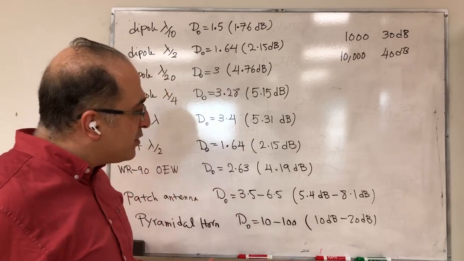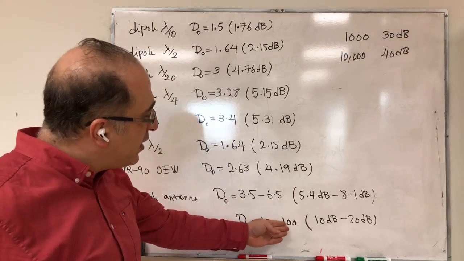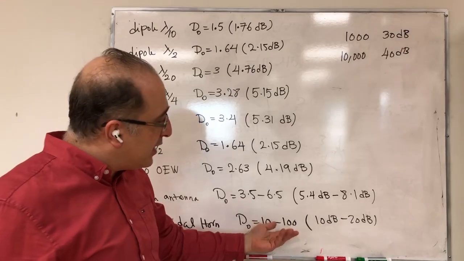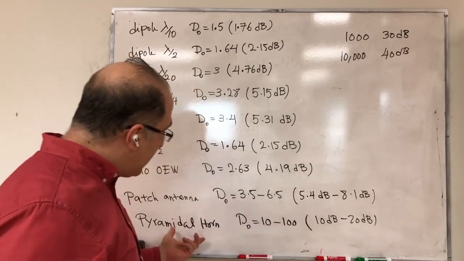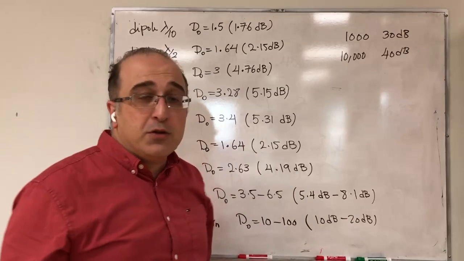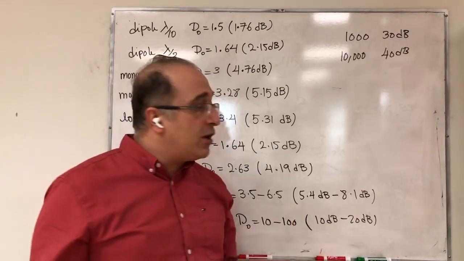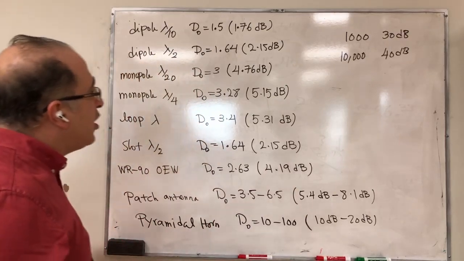But the basic approximation was that if you want to go from 100 to 10,000, then perhaps you're looking at around 100 antennas to take it to this level. So you see you end up having lots of antennas, which might complicate things.